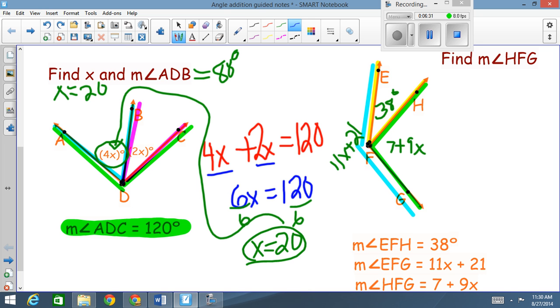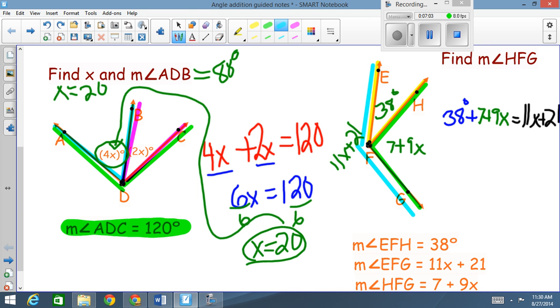I need to do 38, which is angle EFH, plus the other piece, which is 7 plus 9x, and that's going to equal the whole angle, which was 11x plus 21. Okay, sometimes the setup's the hardest part. And now it's just a matter of solving this as a two-step, three-step, multi-step equation.